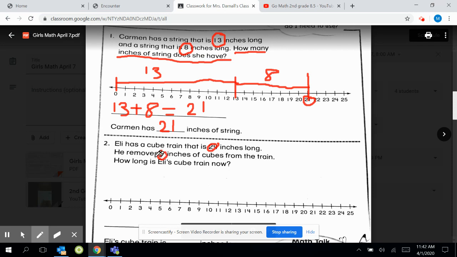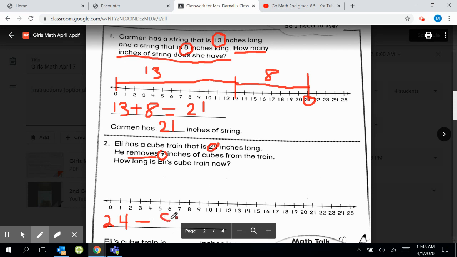And what does this word right here tell you? Removes. Means take away, doesn't it? So we are going to write down here 24 minus 9. Okay, and we're going to find out what that is.